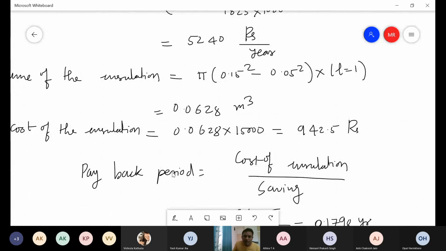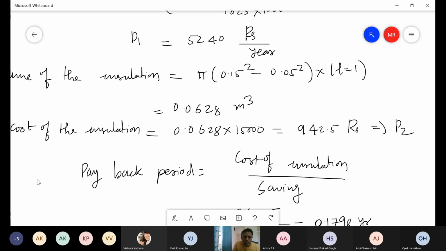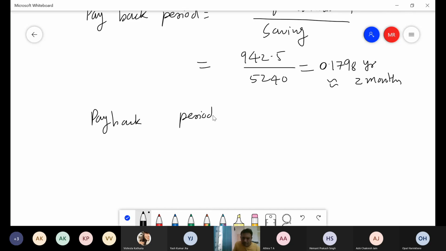If I denote this as P1 and this as P2, the correct expression should be: payback period will be P2 divided by the summation of J equals 1 to N of P divided by (1 plus I) raised to the power J, over P1.